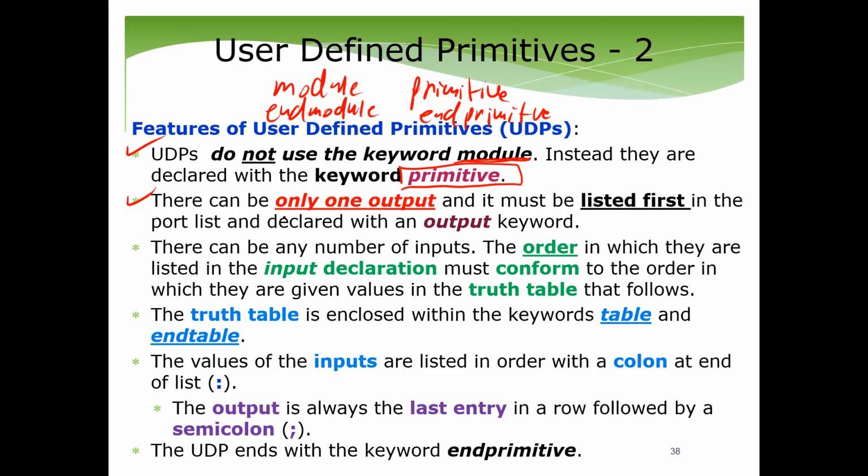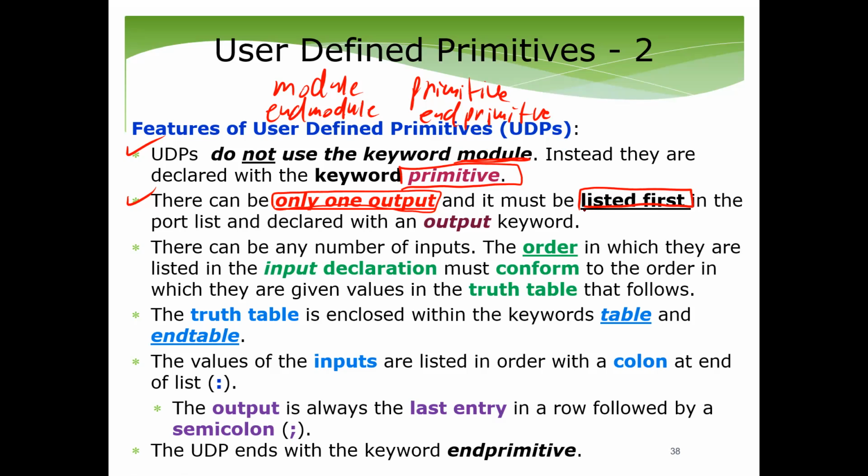Second point, that these primitives can only have one output. And this output has to be listed first. Just like the case of system defined primitives, we list the output first. So in user defined primitives, that's going to be the same.